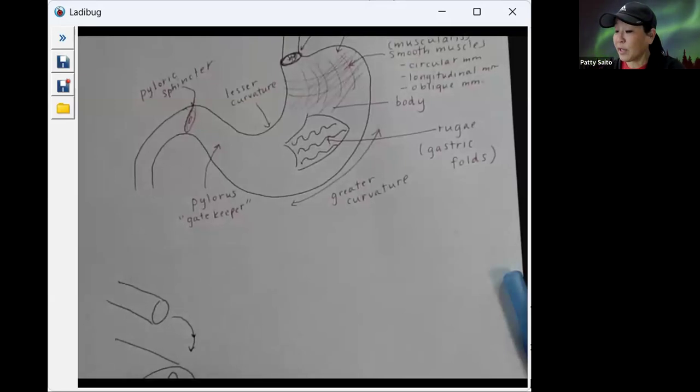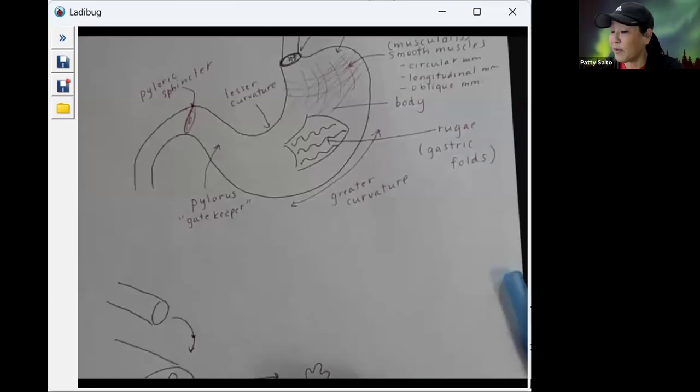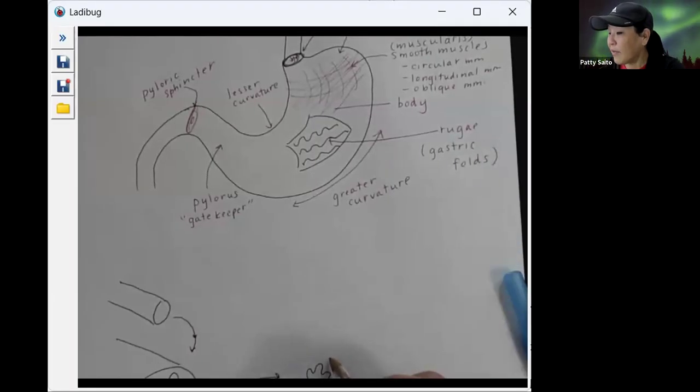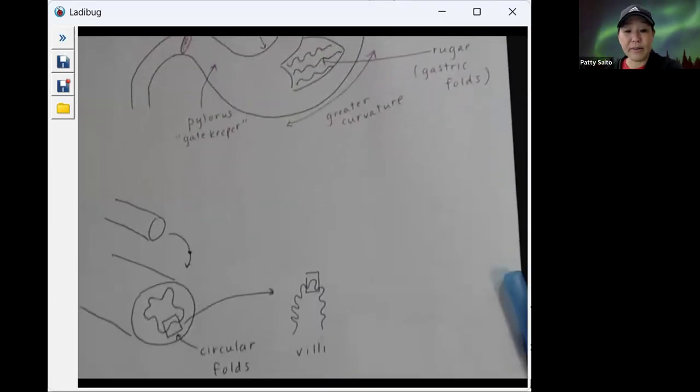If we look at a circular fold, we find that on the circular fold there are folds on the circular folds. So folds upon folds. Each one of these folds is called a villus, villi for plural, sorry about that.